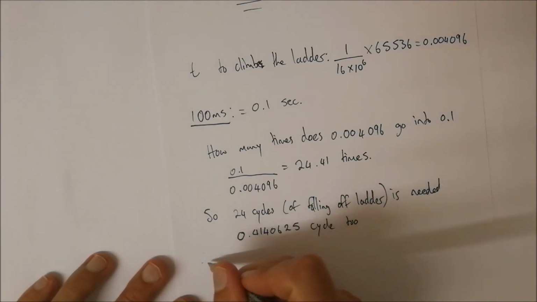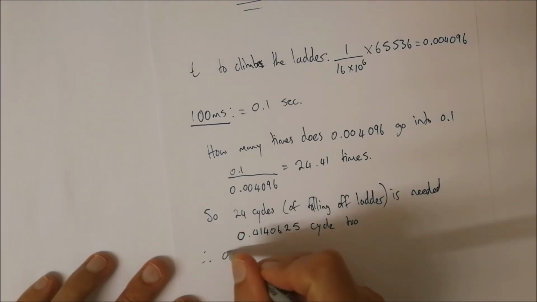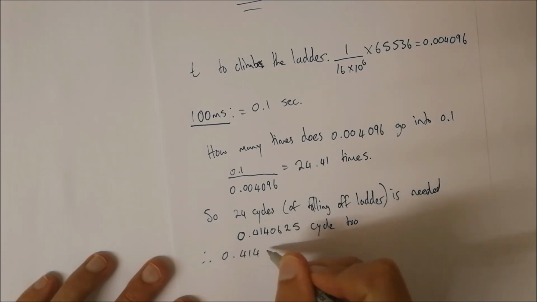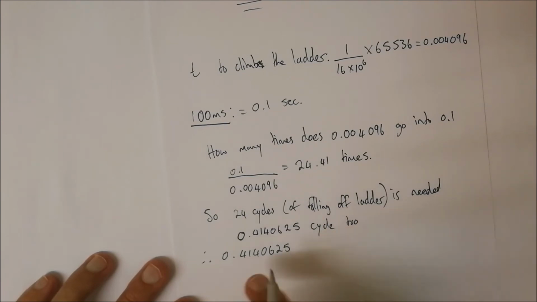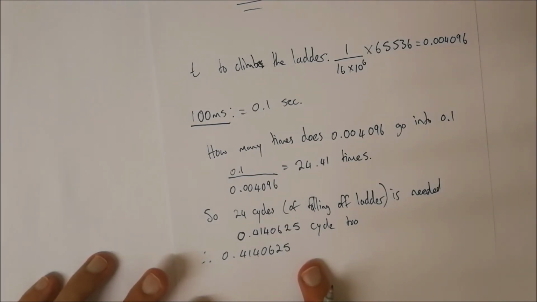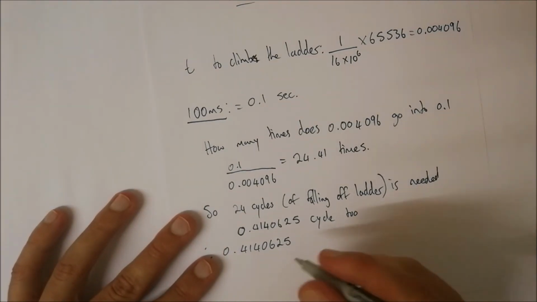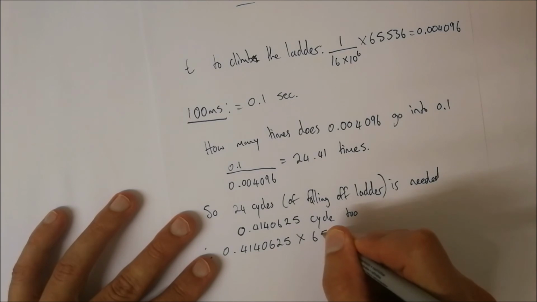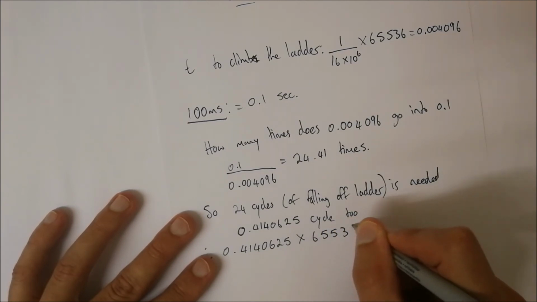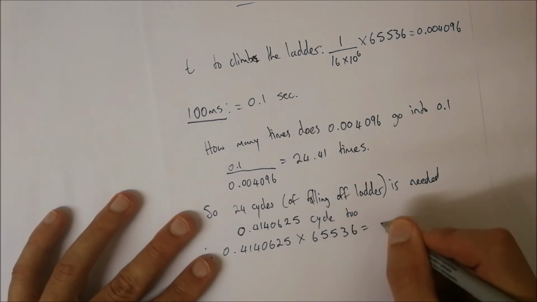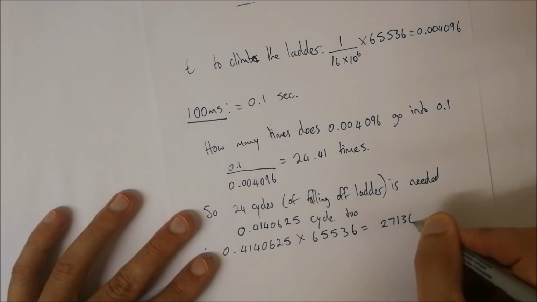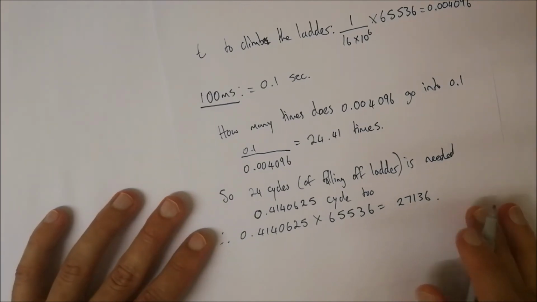So therefore 0.414065, and yes, I'm typing the full amount into the calculator because it gives us high accuracy. That multiplied by 65536 is equal to 27136.